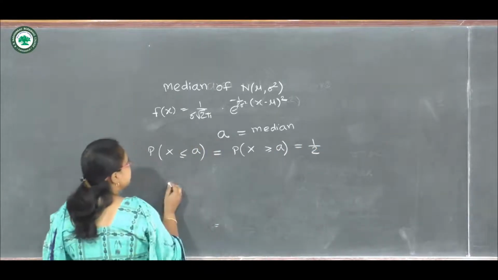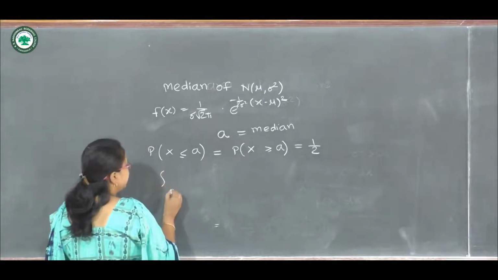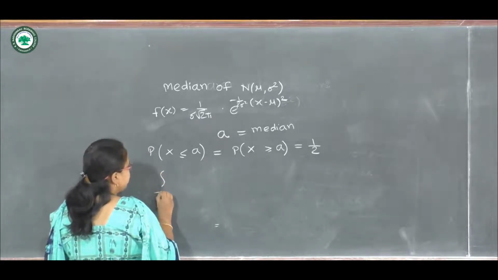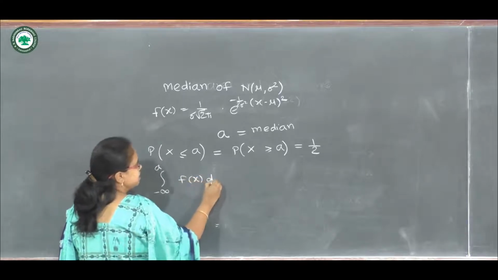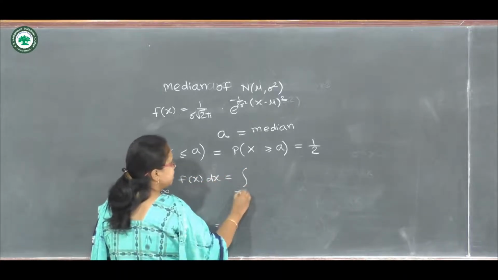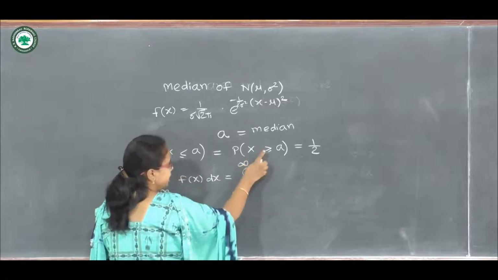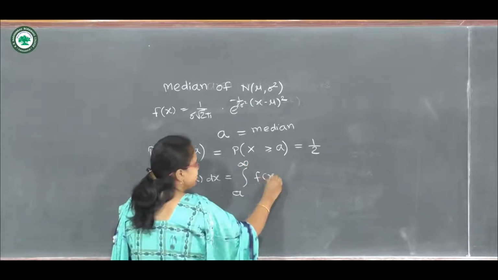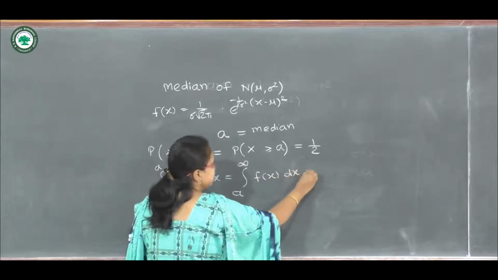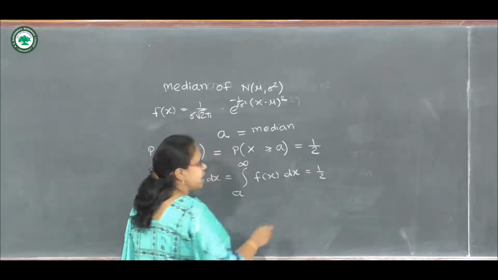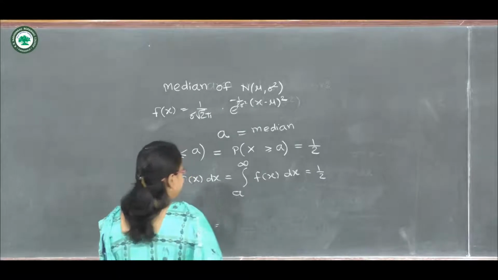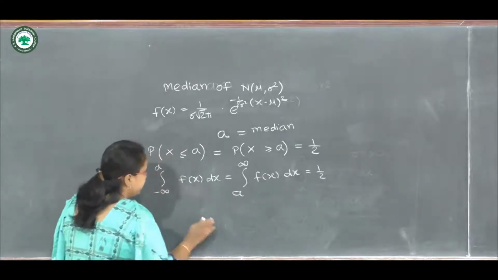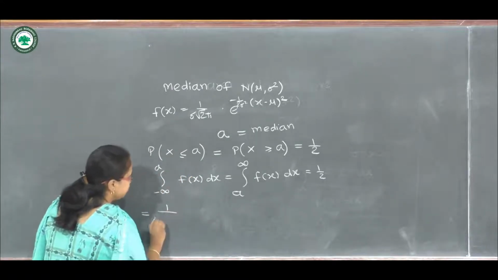Then we can substitute. So integration from minus infinity to A of f of x dx, and integration A to infinity of f of x dx, this must be equal to half. Then we will substitute the PDF of normal distribution.